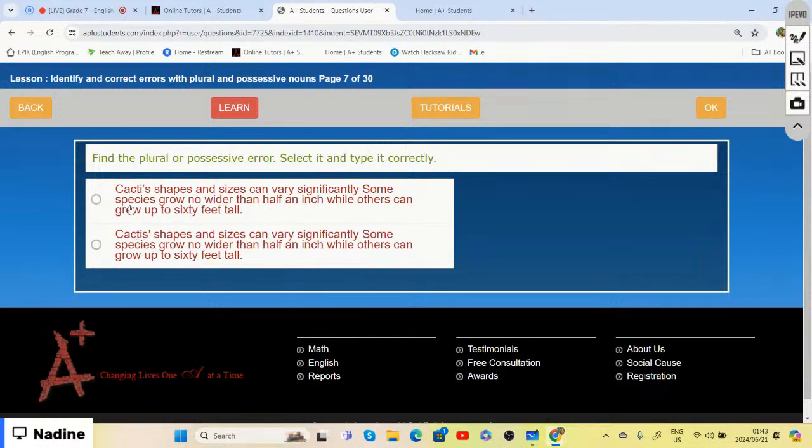The cactus's shapes and sizes can vary significantly. Some species grow no wider than half an inch, while others can grow up to 60 feet tall. So, do we say option one, cactus's with an apostrophe S, or do we say cactus' with an apostrophe only, which shows that there's more than one of the cactuses?